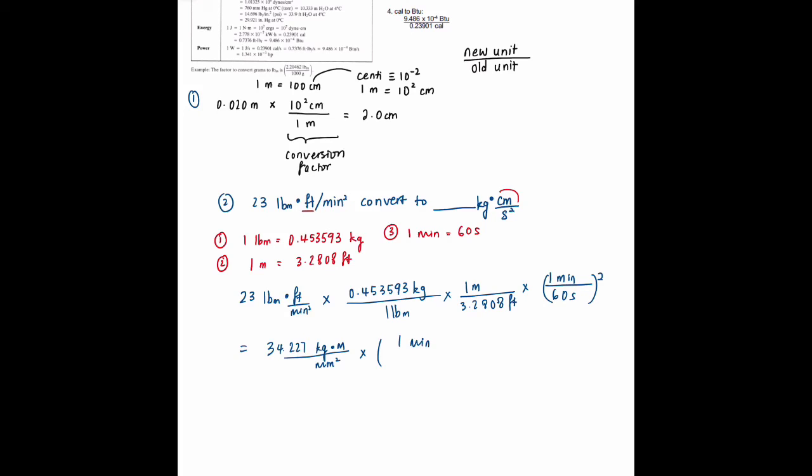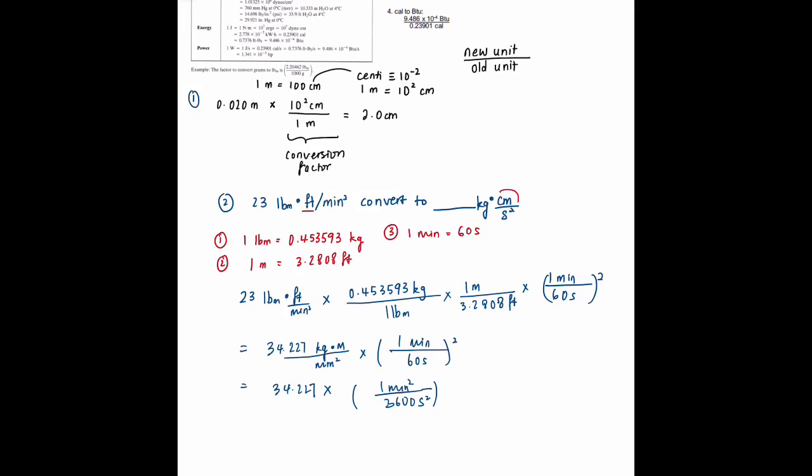The unit here is actually in the bottom portion of the fraction, because now you'll have 60 seconds square, and this would be 34.227 times 1 minute square over 60 second square.